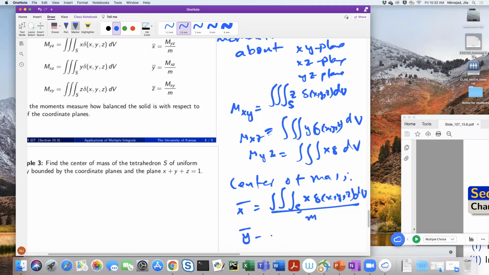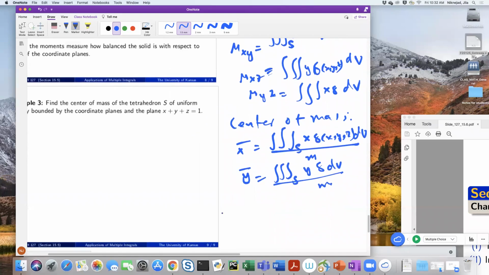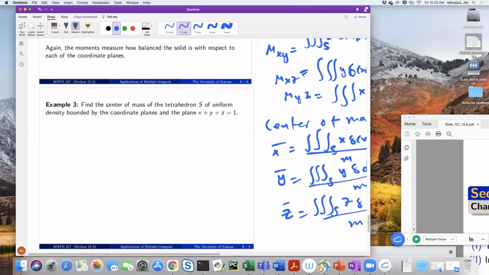If you want y bar, you do the triple integral of y delta dV over the mass. Again, you're averaging out the x's in terms of the mass density, and you're averaging out the y's in terms of mass density, and so on and so forth. So that's the formula that I'm giving. You can watch this video about this question.